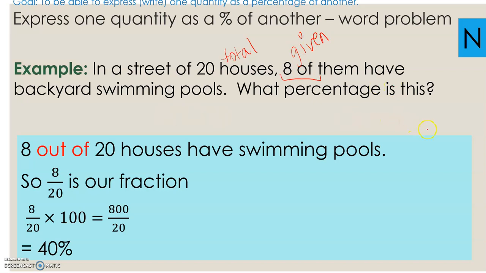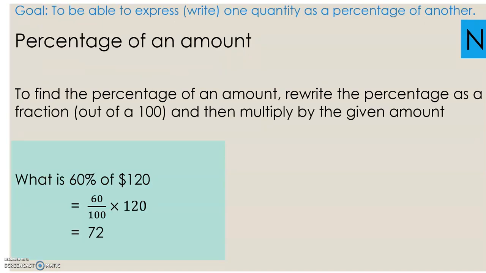What percentage is this? Remember, the given amount over the total amount, and then you times it by 100. So in this case, we've got 8 over 20 times by 100, and so you should end up with 40%.